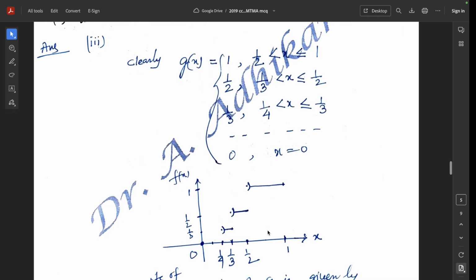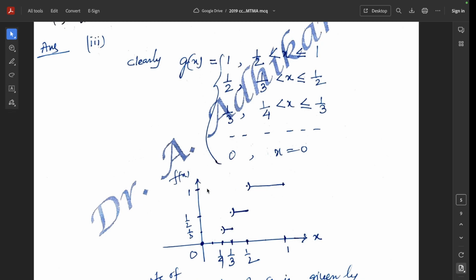So we get the graph within this limit, 1, this 0, the x-axis, and this half. So half and 1 is the semi-closed interval: half is open and 1 is closed.